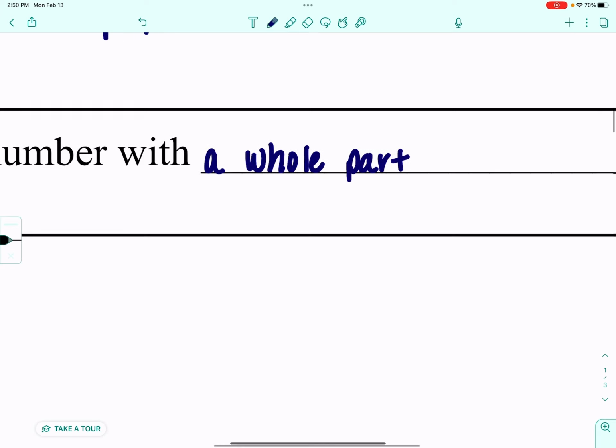Sometimes, though, we don't want a mixed number. We want an improper fraction. So we need to take a look at how to convert a mixed number to an improper fraction. So the first thing we're going to do is multiply.